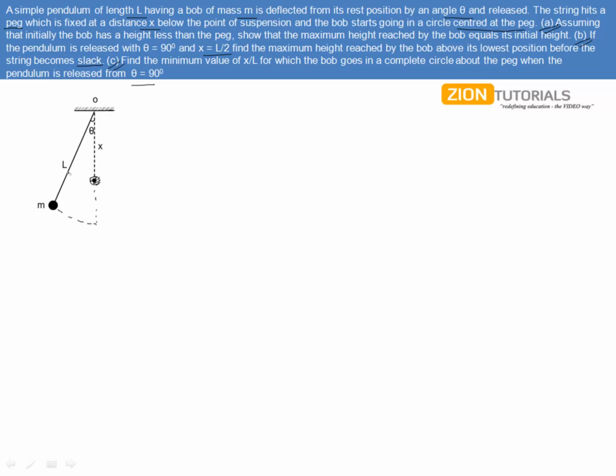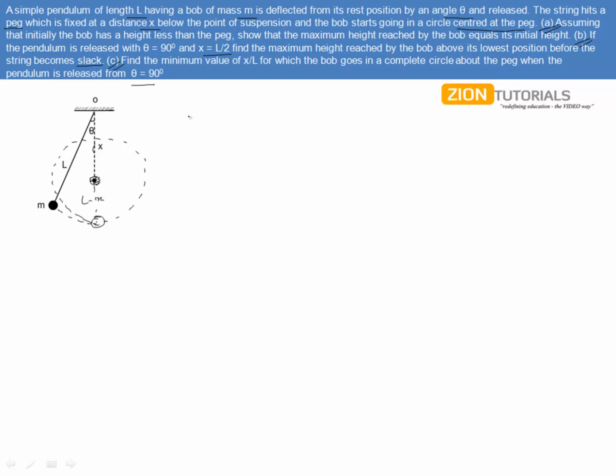So this string comes in contact with this, and in the next part of this motion, this becomes a circular motion about this peg. That means this much of the length, that is x part of L, will be along this peg, while the rest, that is L minus x, will make a circle on which this simple pendulum will actually move, right? So this is all happening in a vertical plane.